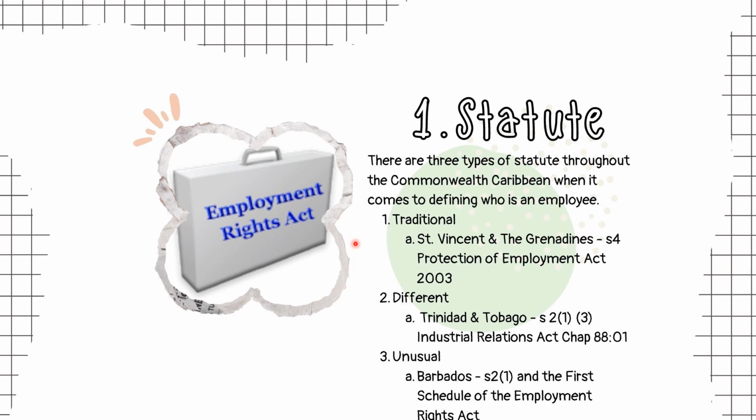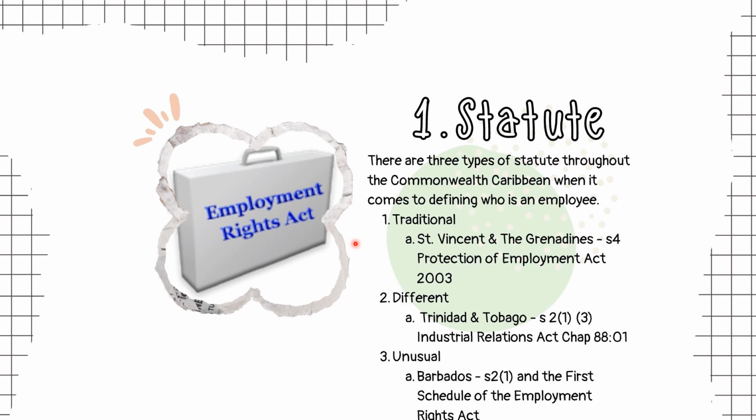Now, the traditional definition of an employee is the definition in legislation that's going to mention the word employee. So that's why we use the word traditional, because most of them are going to mention the employee. The ones that we call different, these are going to be the ones that don't mention employee, but they talk about workers.